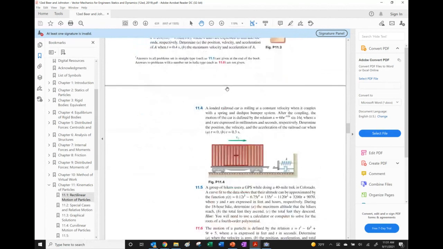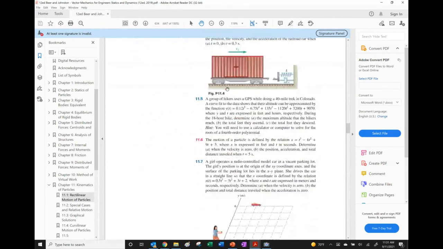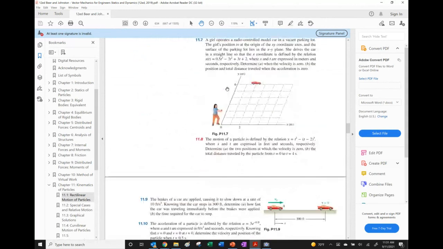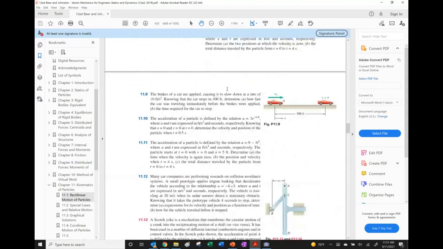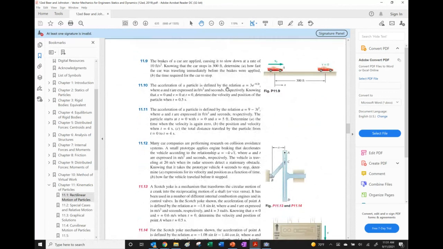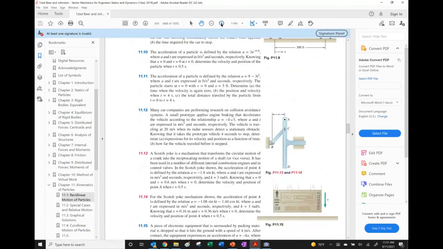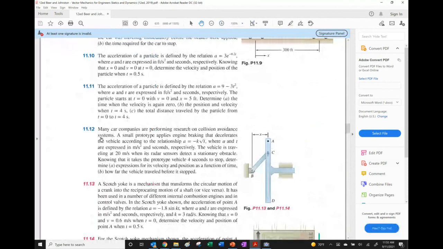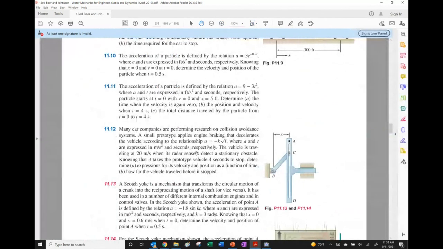Let's see if we can find one that's kind of an integration one. There's positions. These are all derivative ones, I think. Okay, so here you go. This is probably a tough one. Let me close up this bar so it becomes bigger.